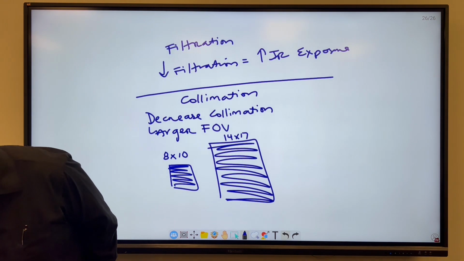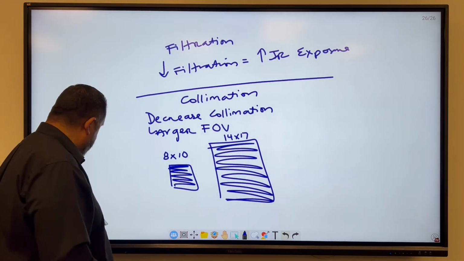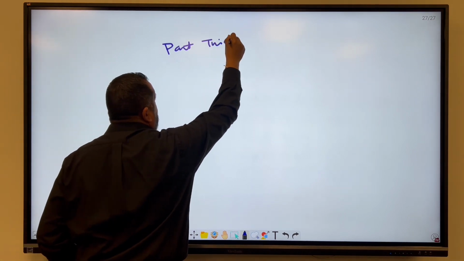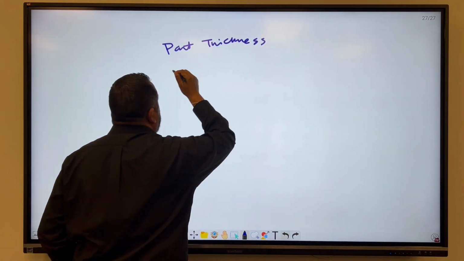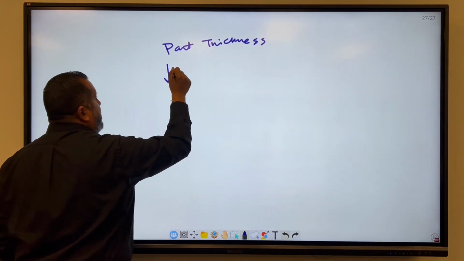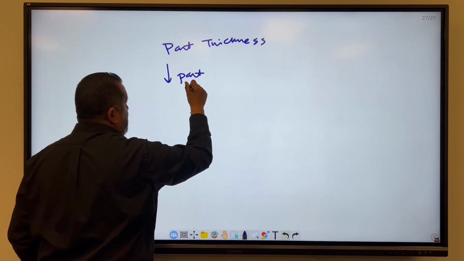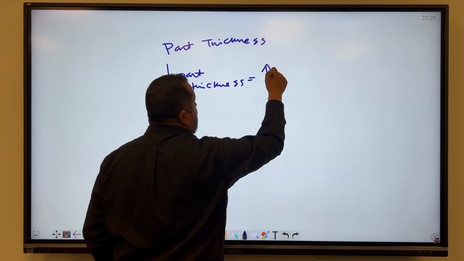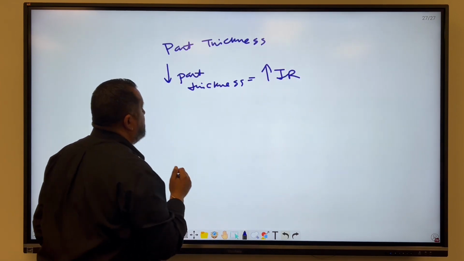The next one here is going to be part thickness. So part thickness. When you decrease part thickness, you're going to have an increase of IR exposure. So let me give you an example.